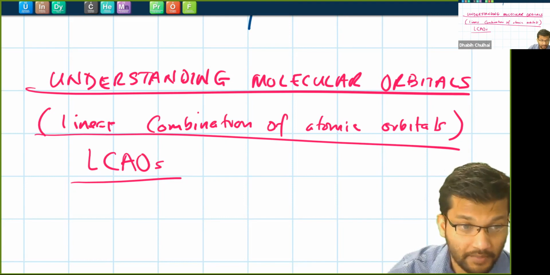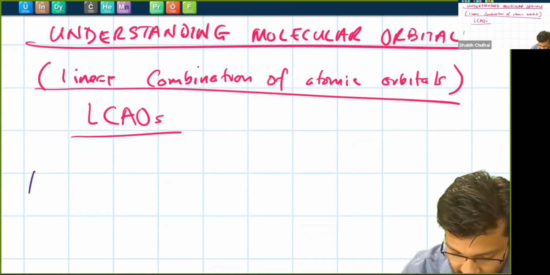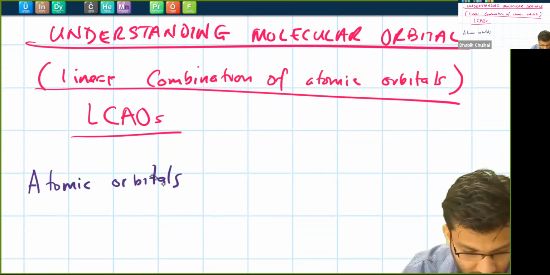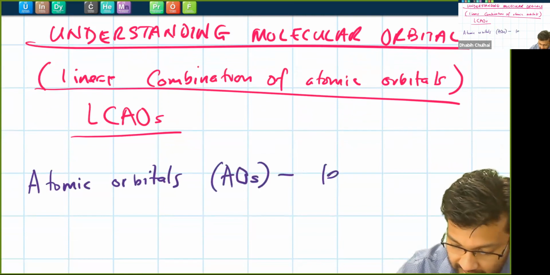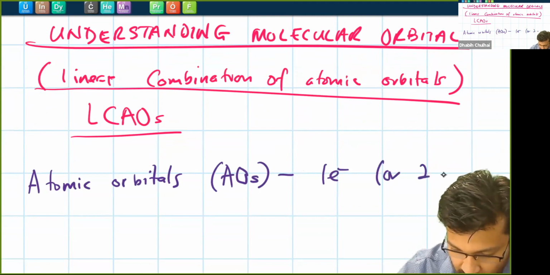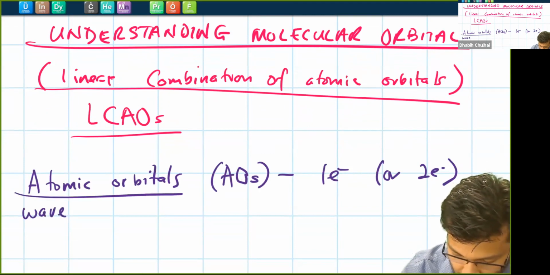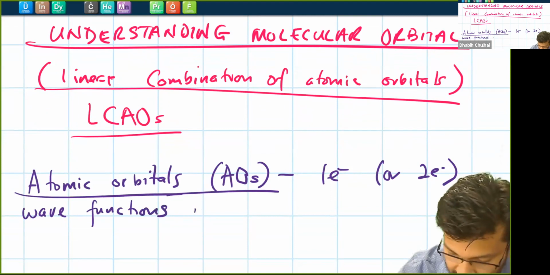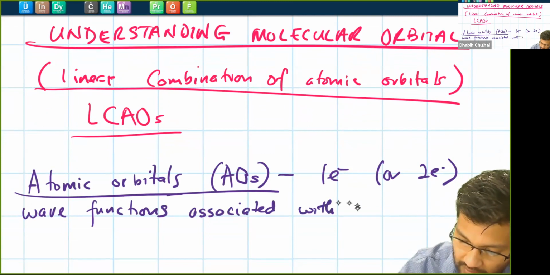So we know what atomic orbitals look like. Let's talk about what atomic orbitals are first. Atomic orbitals, sometimes AOs for short, are 1 electron or 2 electron wave functions associated with a single atom.